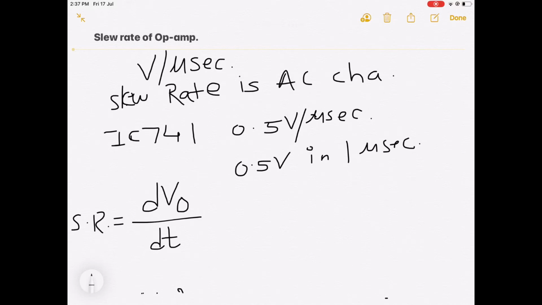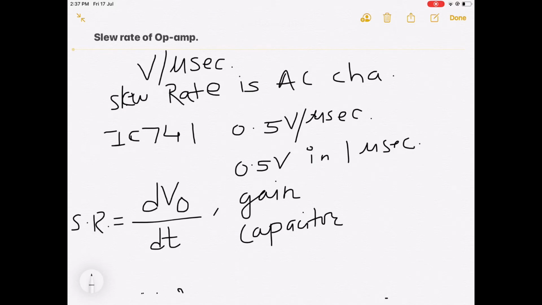Slew rate is determined by a number of factors such as amplifier gain, compensating capacitors present inside the op-amp, and change in polarity of output voltage. It is also a function of temperature, and slew rate generally reduces due to rise in temperature.